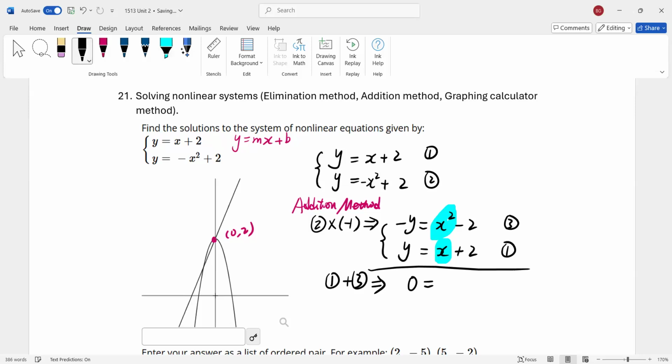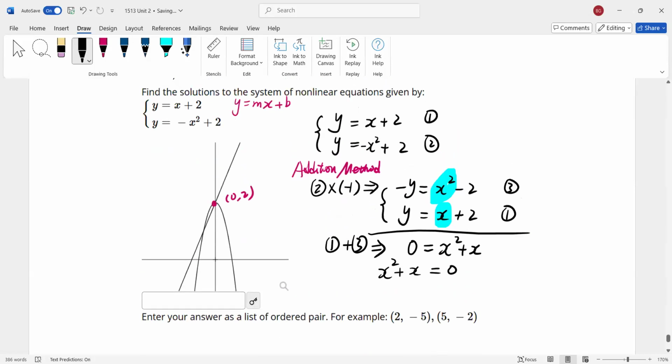Not everything disappears. y disappears, 2 disappears, but we still have x squared plus x on the right side, okay? For convenience, I'm going to switch the two sides of the equation. We have x squared plus x equals 0, right? And then we can solve this equation.